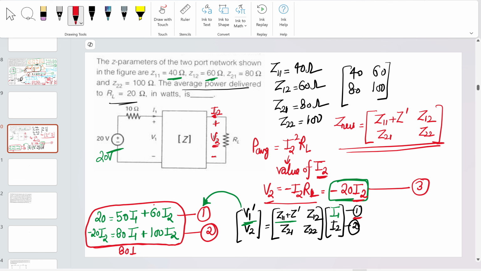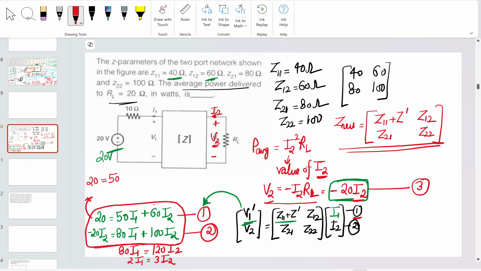This is equal to 80 times I1 is equal to 120 times I2, which is equal to 2 times I1 is equal to 3 times I2. Okay. If you see equation 1, 20 is equal to 50 times I1. I1 we don't need, we need the value of I2.